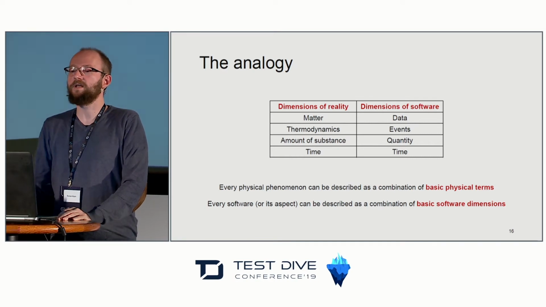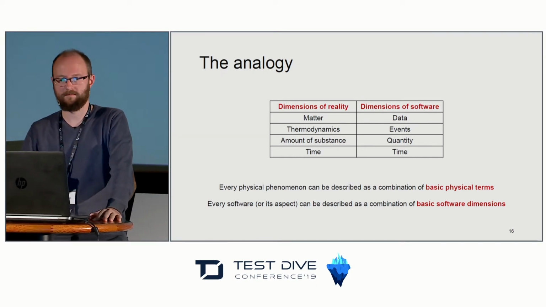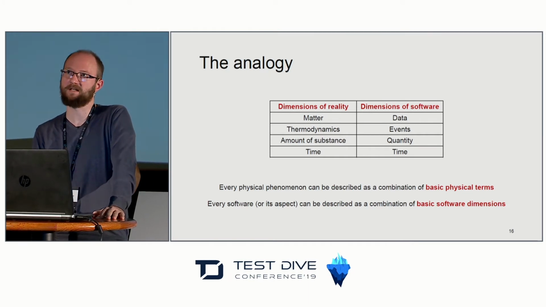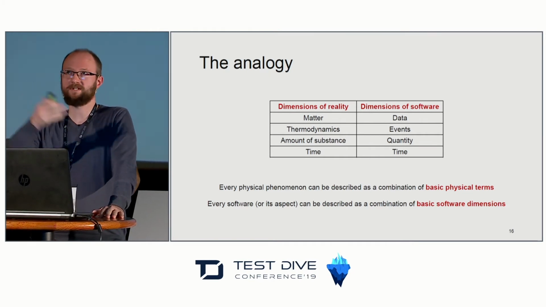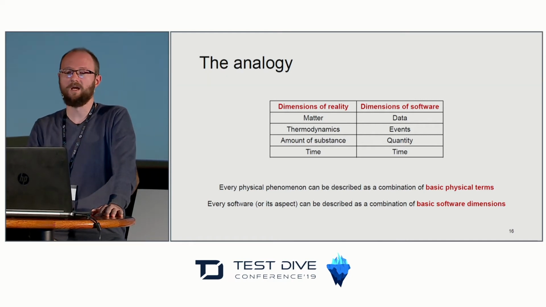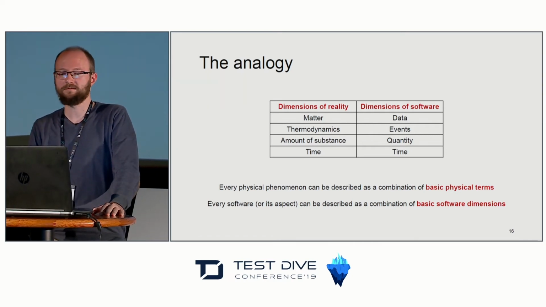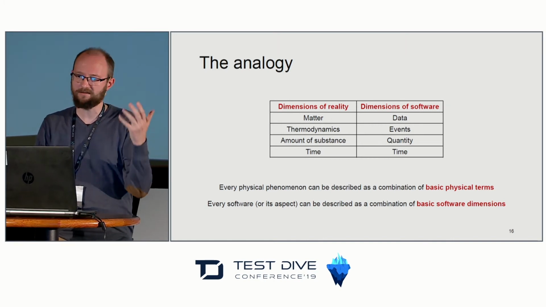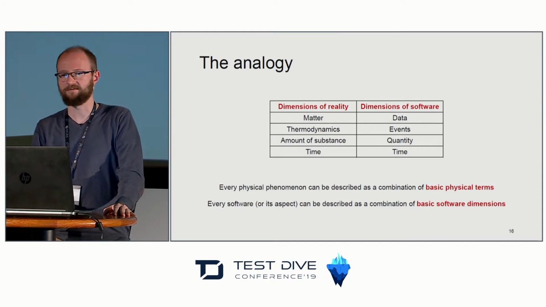So if we can describe any physical phenomenon as a combination of basic physical terms, then using this transformation, we can also do this for software in terms of these basic software dimensions. And that's the whole idea, the inspiration for this very simple tool.